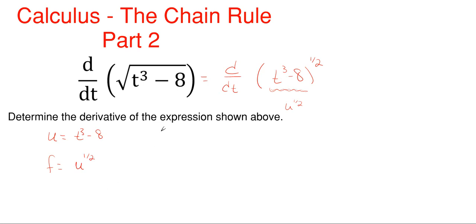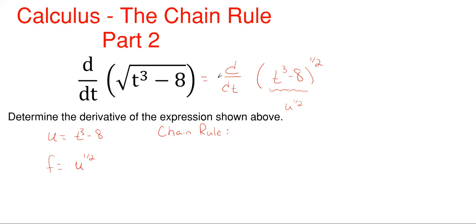So to apply the chain rule, this is what we're going to have with these new variables. Essentially, I've taken this entire expression and turned it into u to the 1/2 power in terms of this f equation, but I'm still finding the derivative with respect to t.